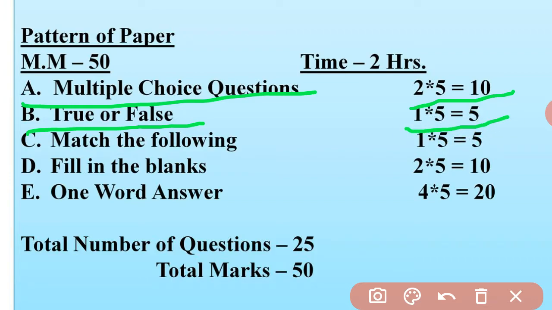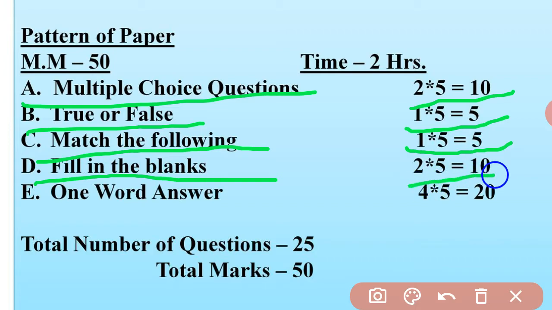C part is match the following, there are 5 questions and each carries 1 mark, so 5 marks. D is fill in the blanks, there are 5 fill-ups, 2 marks each, therefore 10 marks. Now E part is one word answer, there are 5 one word answers and each question carries 4 marks, so 20 marks.